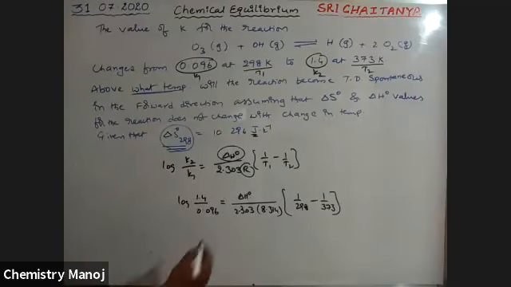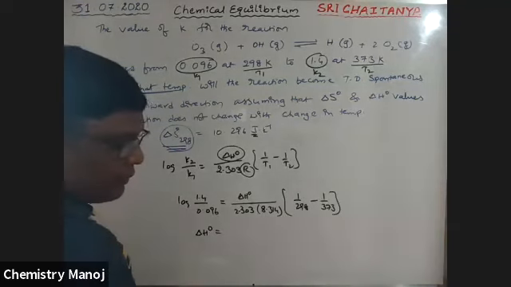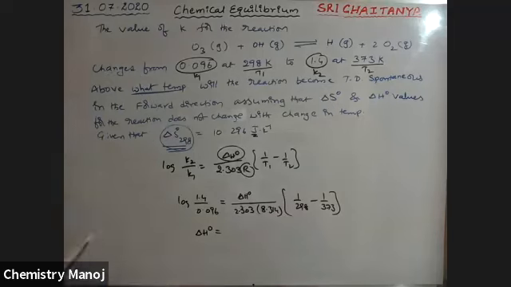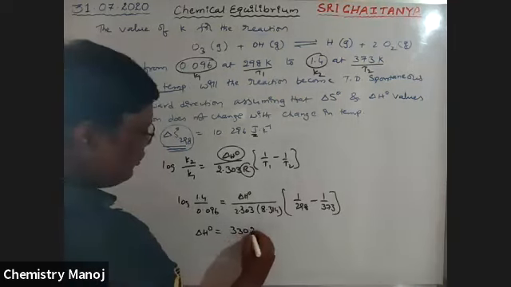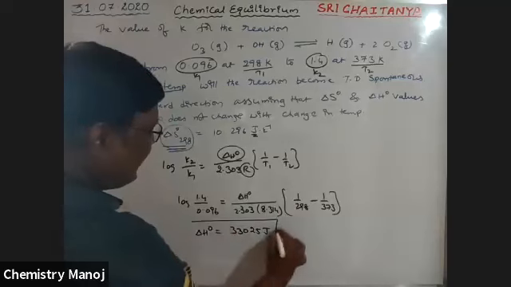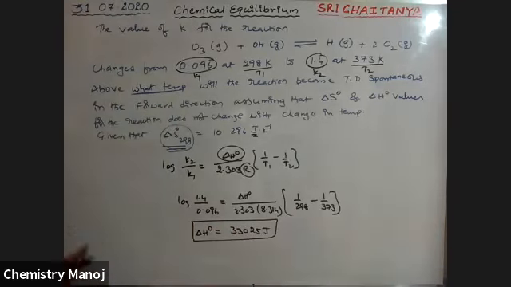After calculation we will get the answer: delta H naught is 33025 joules. So this is the delta H naught value from this equation.